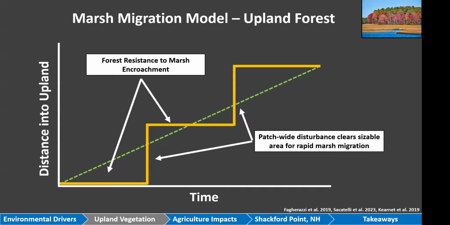You might get enough salinity. There might be waterlogging. But for some reason, those mature trees still stick around. What happens is it seems like there's some kind of patch-wide disturbance, say a hurricane, a windstorm, a fire, maybe a really large flood event that knocks over these really stressed trees. It opens up a sizable area and you usually get rapid marsh migration into that space.